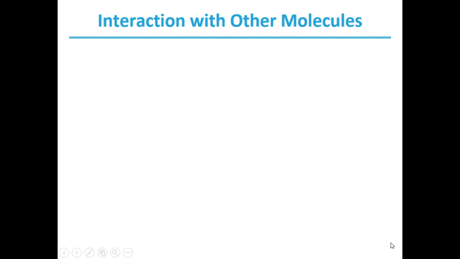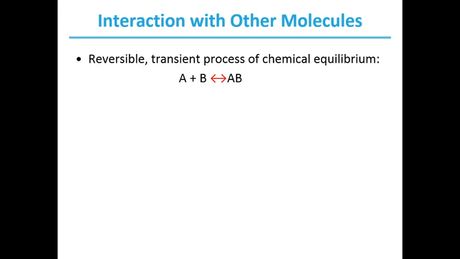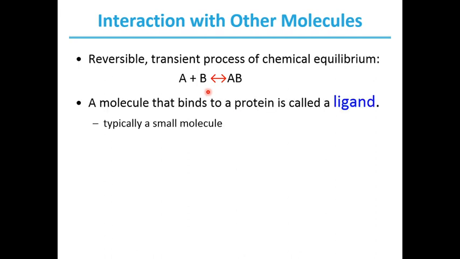The interaction of proteins with other molecules is almost always reversible. The reversible transient process of chemical equilibrium is given by this equation. A molecule that binds to a protein is called a ligand. It's typically a small molecule.